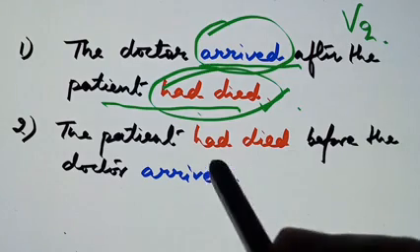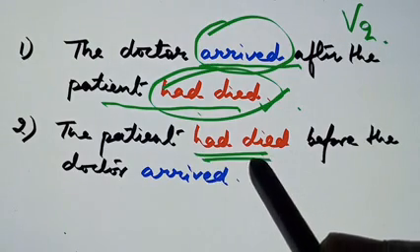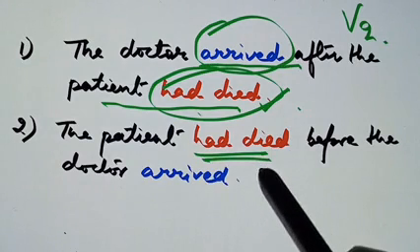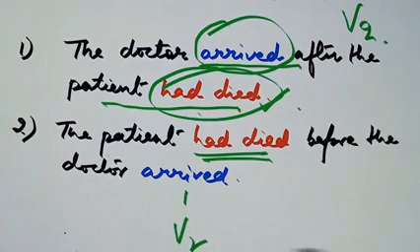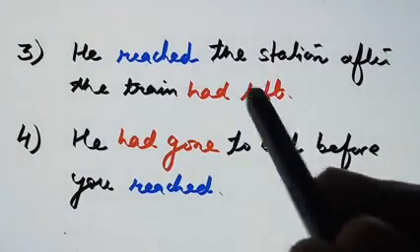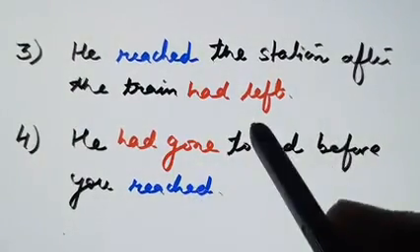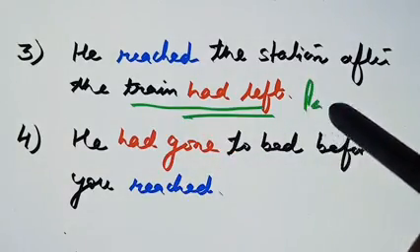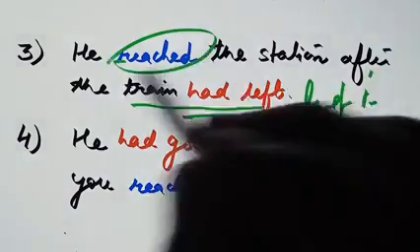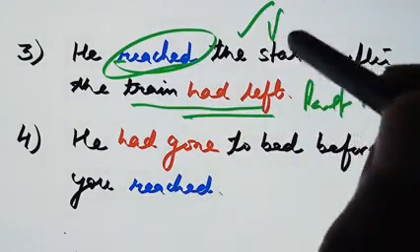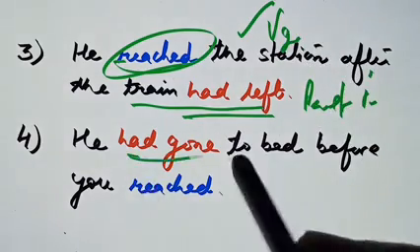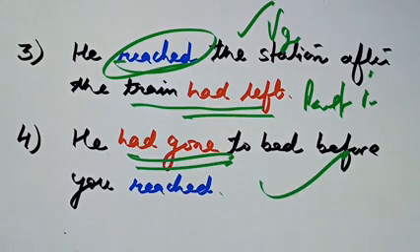In a similar way here also, we have used the same sentence in another way, past perfect here and second form here. Then we have taken these sentences here also. He reached the station after the train, meaning the train had already left, so past perfect, and his reaching took place later on, so we use second form, simple past. And here in a similar way we have used these sentences.